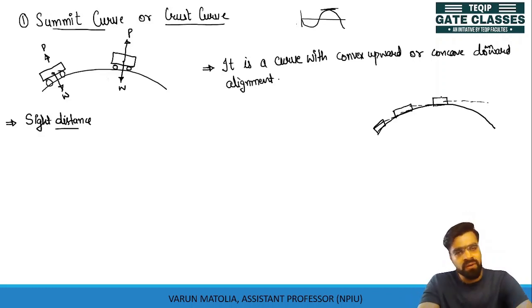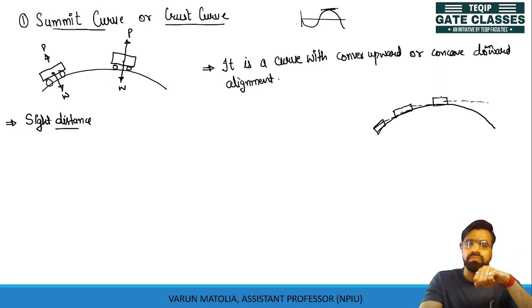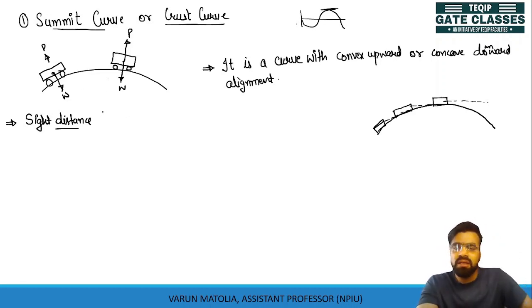Stopping, overtaking. These operations need to be performed on the roads or on a vertical curve. If we have enough sight distance, we will perform these operations easily and safely and have a safer road experience. So for design of a summit curve, the sight distance can be SSD, OSD or ISD, any of these.